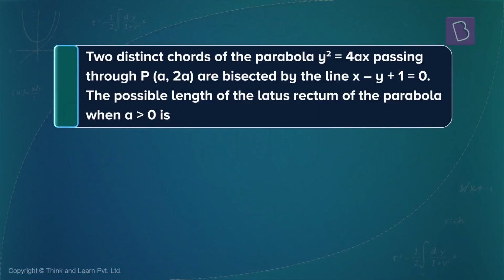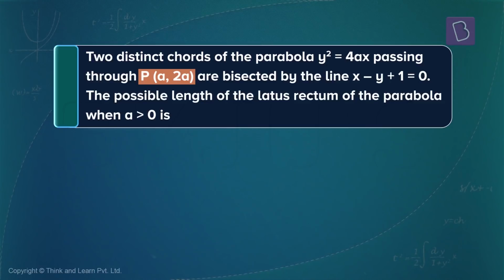Now in this question, we have a parabola y square equal to 4ax. Now there are two distinct chords of this parabola, and both of them pass through the point a, 2a. Now a, 2a actually lies on the parabola y square equal to 4ax. So these two distinct chords start from a, 2a.